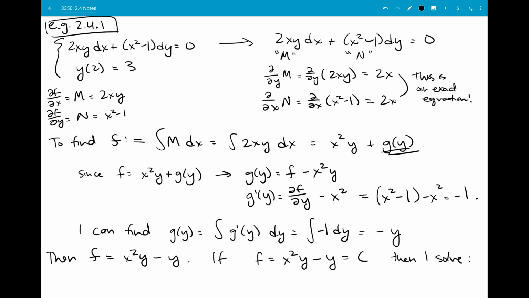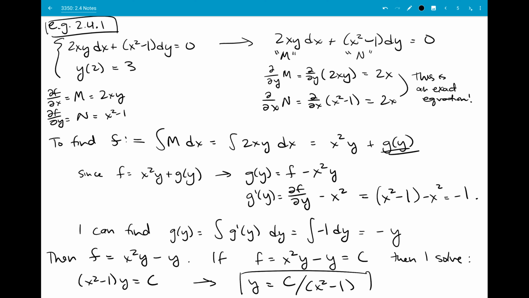So you can say, let's see, x squared minus 1 times y is equal to c, which means y is equal to c over x squared minus 1. That would give you the general solution to this problem, but this is an initial value problem, so that's not actually enough for us.